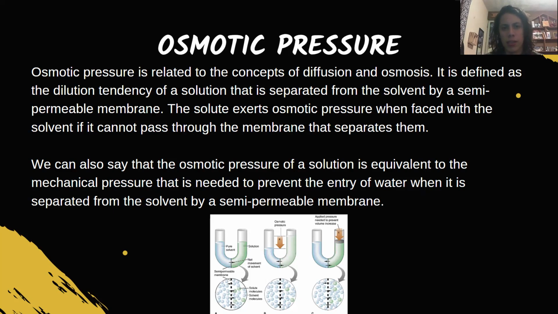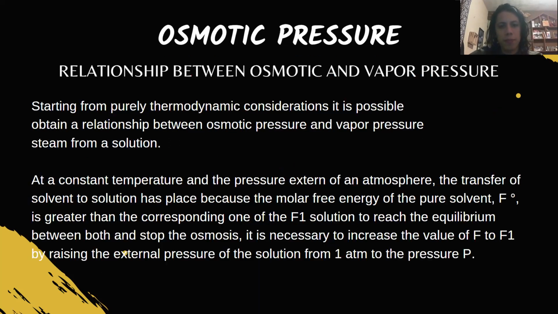The solute exerts osmotic pressure when faced with the solvent if it cannot pass through the membrane that separates them. We can also say that the osmotic pressure of the solution is equivalent to the mechanical pressure needed for preventing entry of the solvent when it's separated from the solution by a semi-permeable membrane.